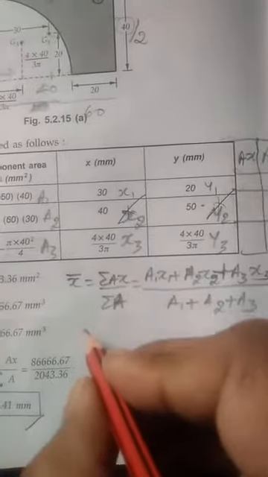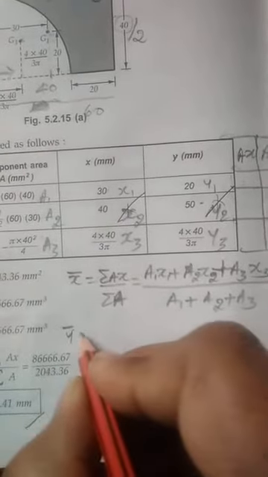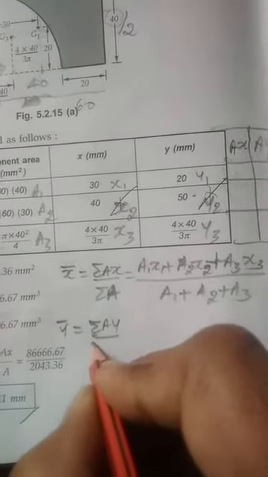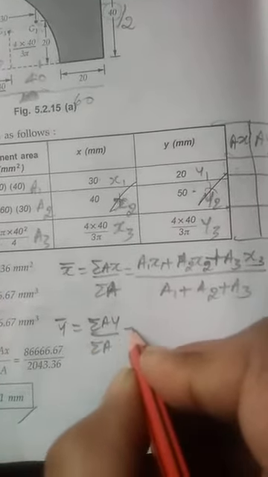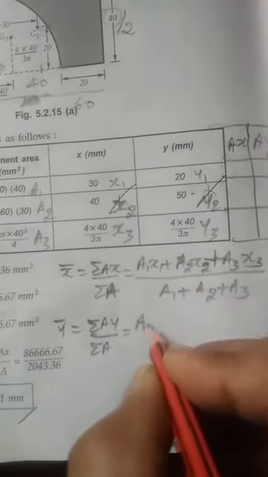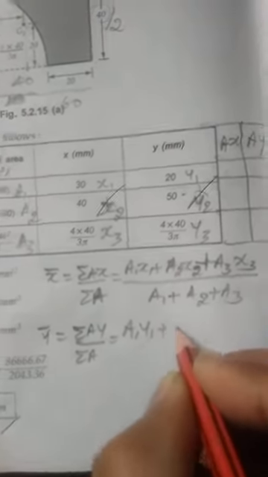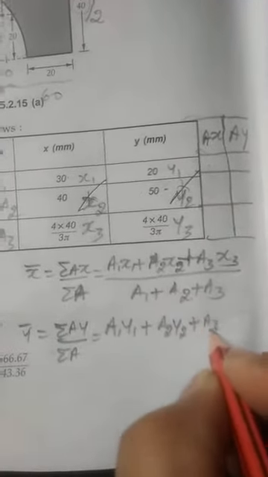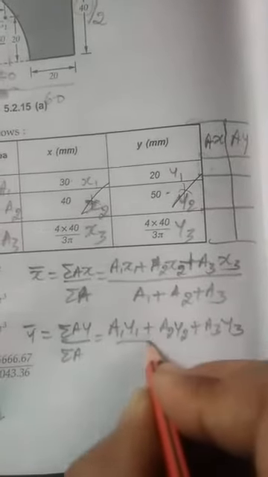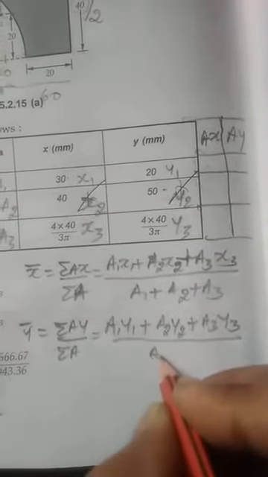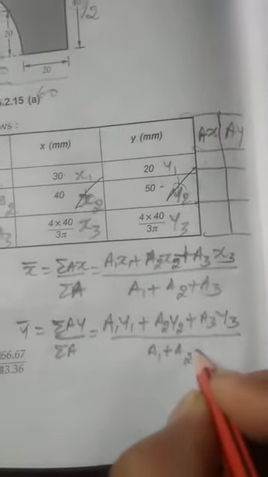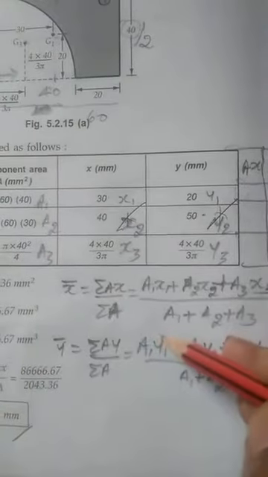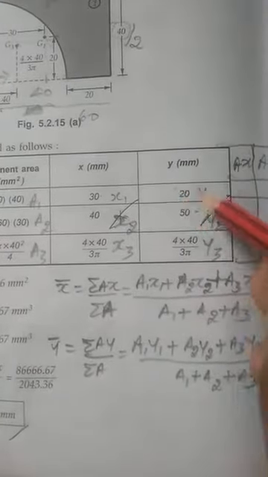Similarly, y bar is equal to summation of ay divided by summation of area. That is a1 y1 plus a2 y2 plus a3 y3, divided by area 1 plus area 2 plus area 3. So a1 is this one, substitute it, y1 is 20.